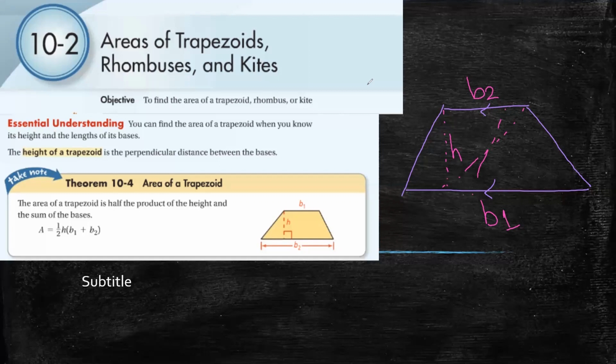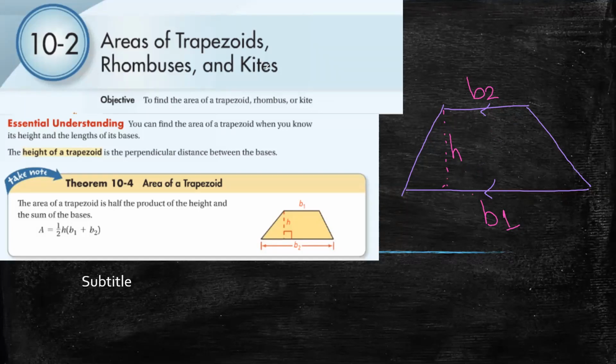So now the idea is that if I need to find the area of the trapezoid, I need the length of base 1, the length of base 2, and the length of the altitude. This altitude is a line segment that connects between the two bases and is perpendicular to them.